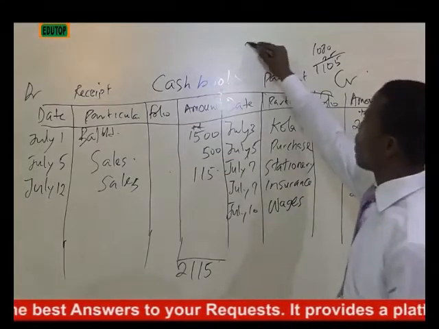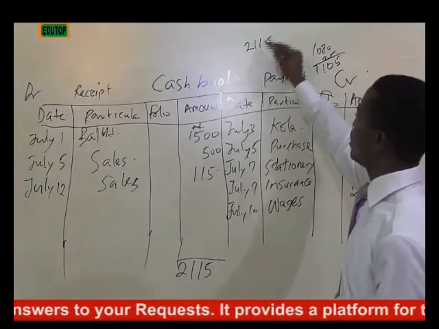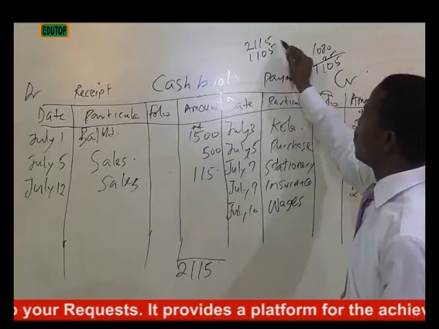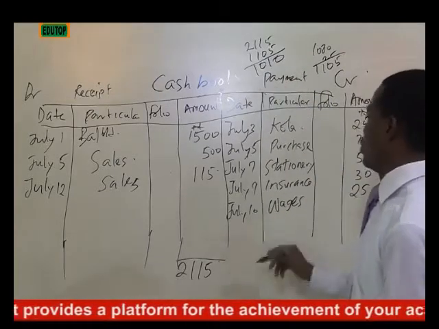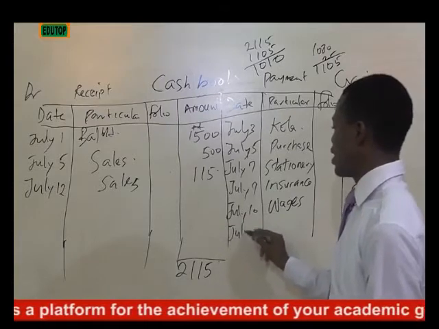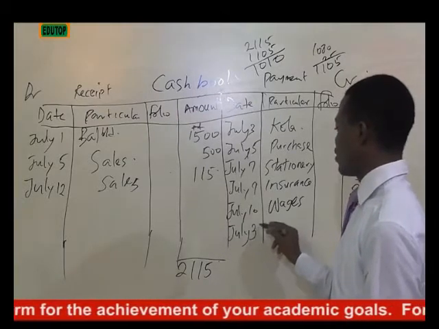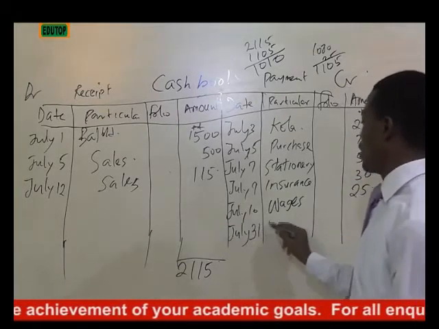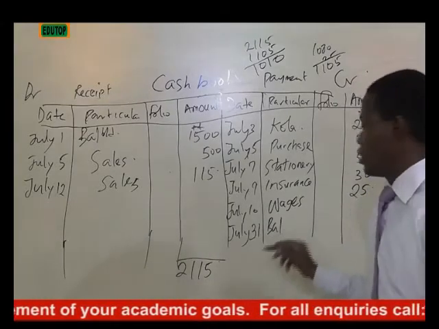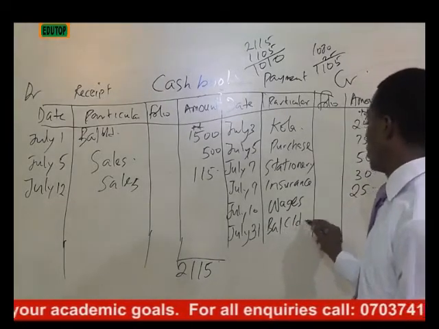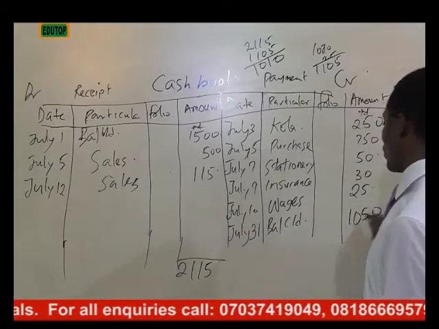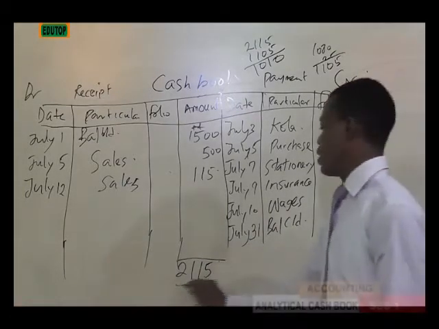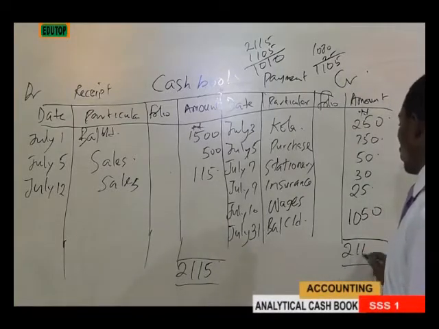So 2,115 minus 1,105 is 1,010. You just write July, so July 31st. Then you write balance c/d, which is 1,010. Then you balance everything, which is 2,115.